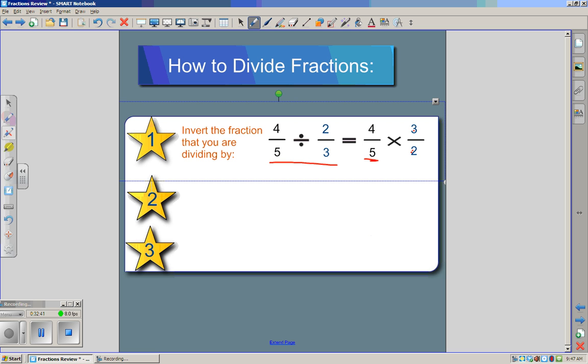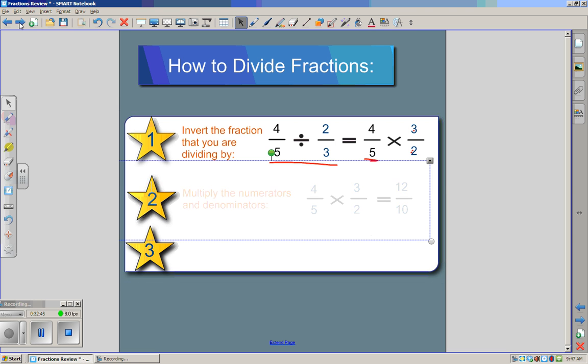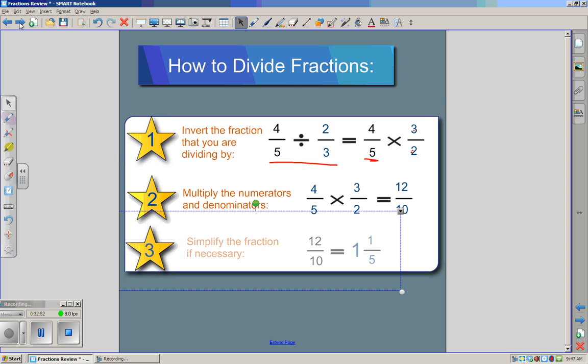Multiplying by the reciprocal, and now I can complete the problem. The second step, as always, is just to multiply across or see if you can cross-reduce, and then your final step is to reduce. So remember, you cannot divide fractions. Instead, we multiply by the reciprocal or flip the one that we are dividing.